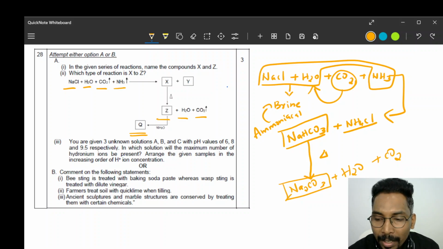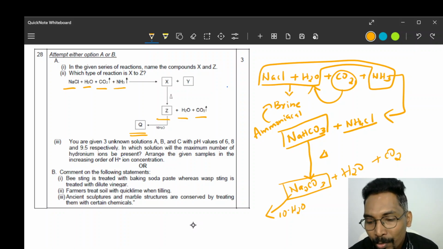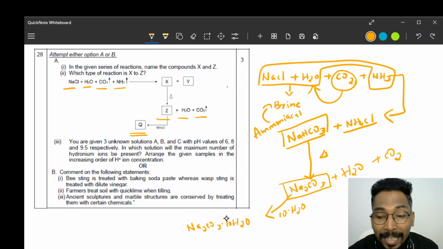And if you add 10 molecules of H2O to Na2CO3, you will get another compound, that is what? Na2CO3·10H2O.